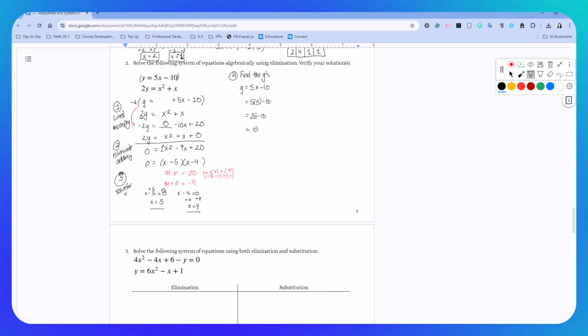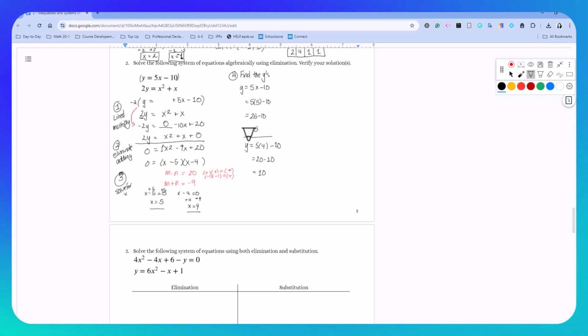I'm going to do that again for the next value of x. So I'm going to say 5 times 4 minus 10, which equals 20 minus 10, which equals 10.